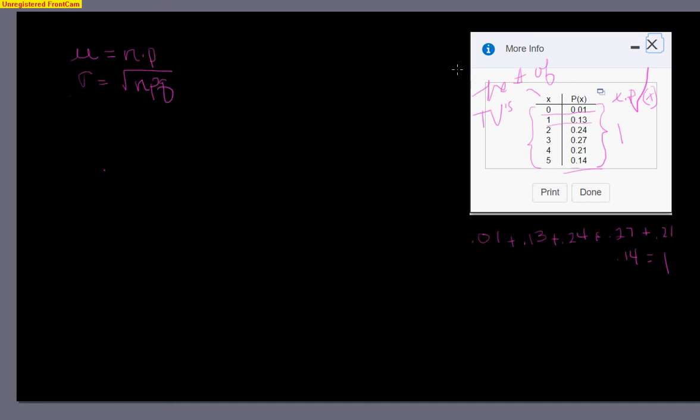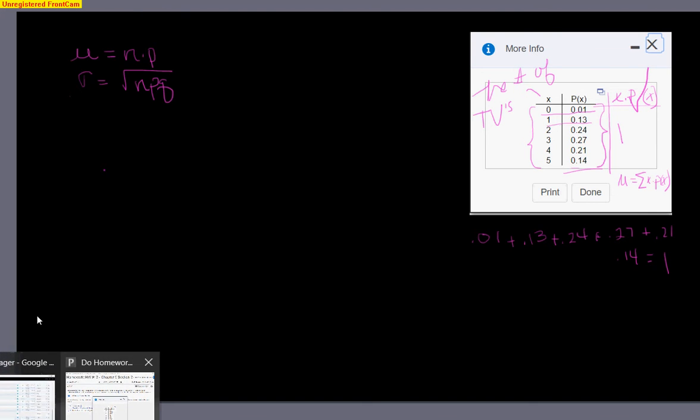And we'll go through this in class, but we would have to sum this up. This is how we can find the mean. So the mean is actually equal to the sum of x times p of x. You probably see that in your book and things like that. We're not going to take the time to go through that step. We're going to go ahead for this problem and let technology help us.